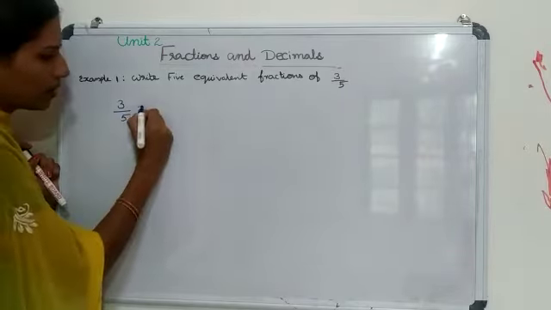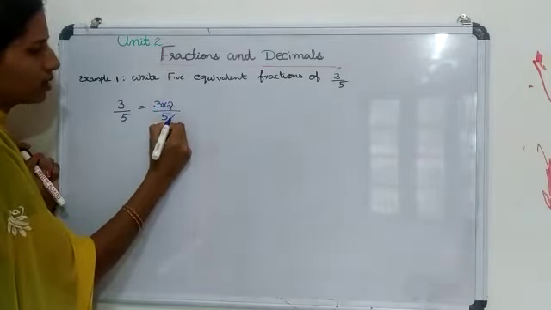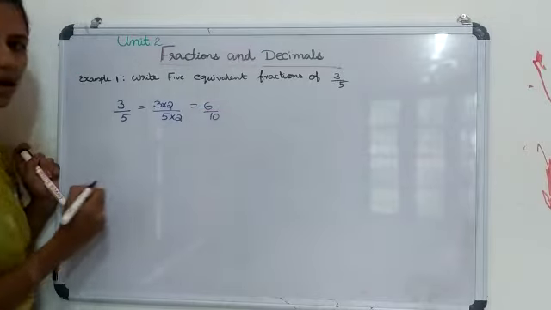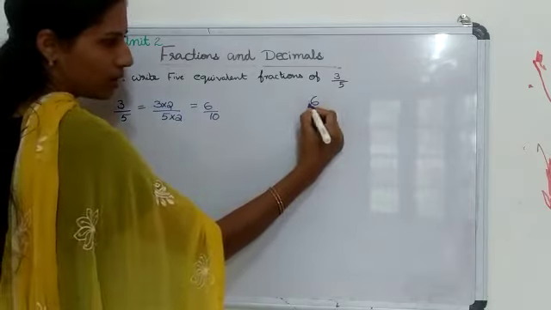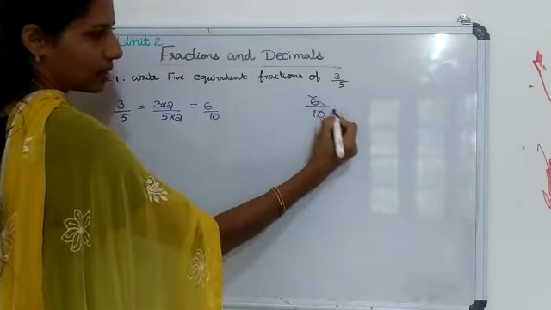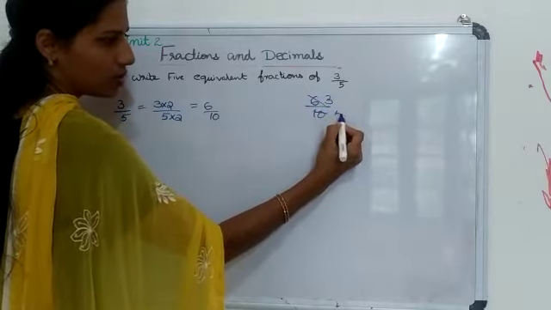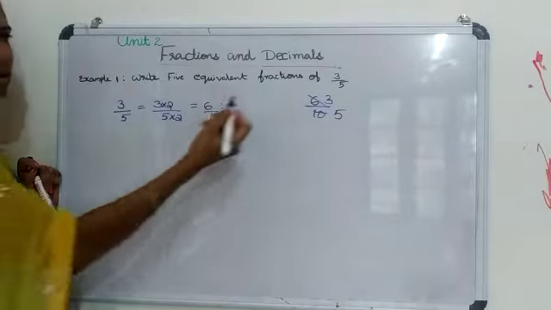So 3 by 5, when we are multiplying with 2, what will we get? 6 by 10. This is equal to 3 by 5. How? I will show. When 6 by 10 is divided by 2, we will get 3 by 5.